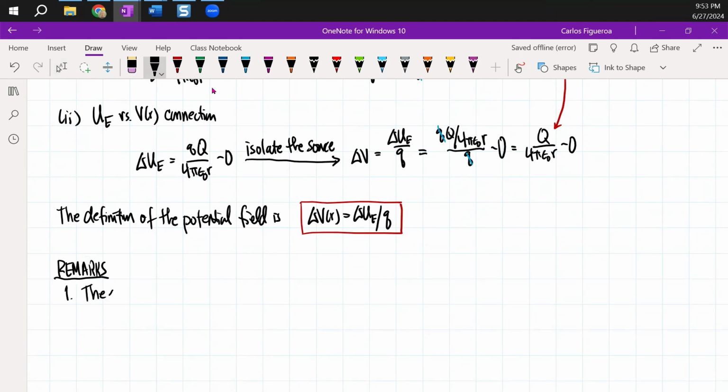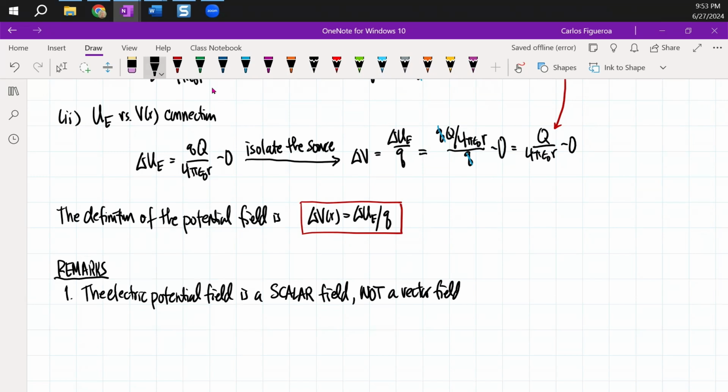The electric potential field is a scalar field, not a vector field. This can be quite the change in thinking.